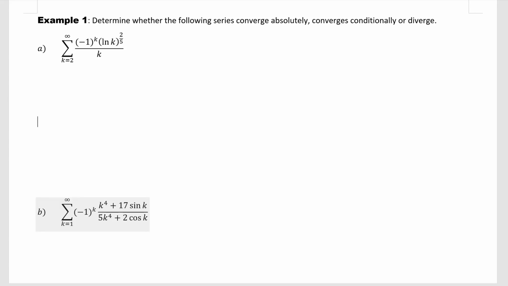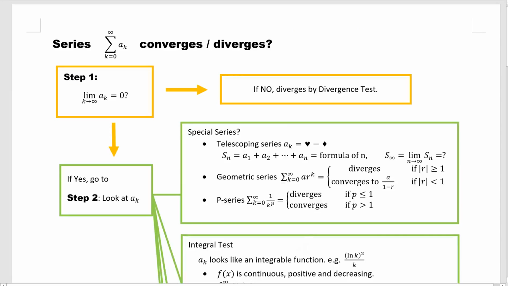But when the problems give us an alternating series, then the question is to determine whether the following series converges absolutely, converges conditionally, or diverges. So we have three possibilities: converge absolutely, converge conditionally, or diverge. So I want to show you this map.